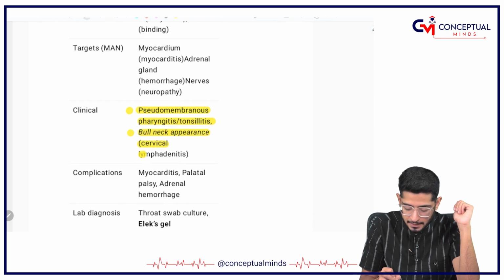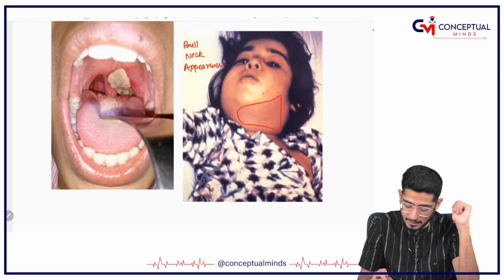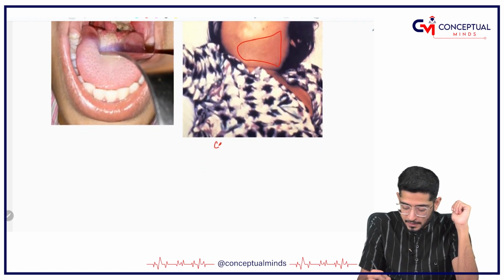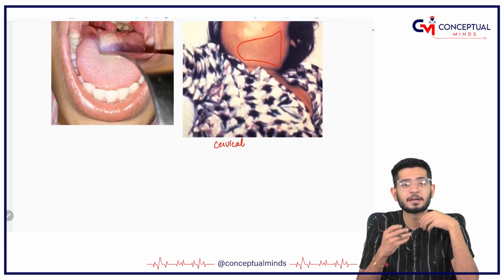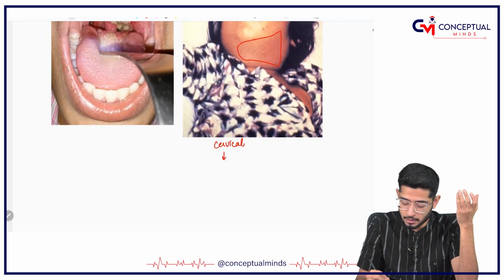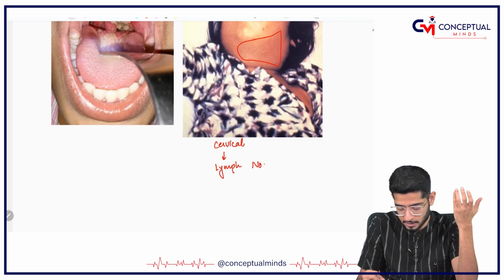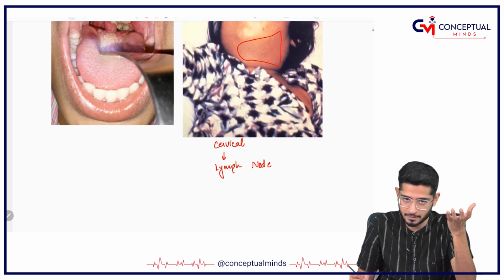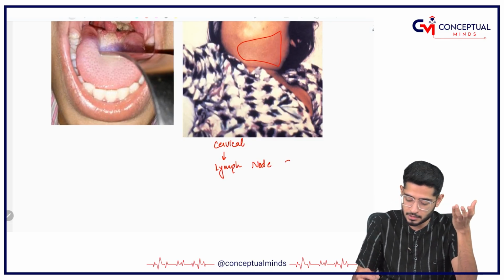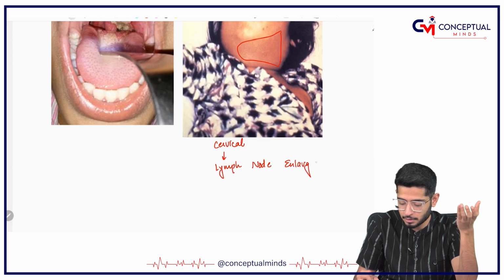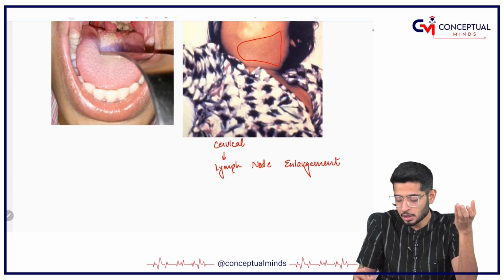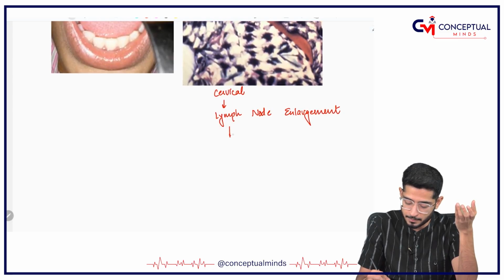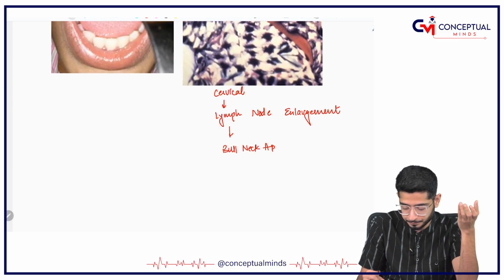Because in the cervical area there is lymphadenitis, that means lymph node inflammation. Adenitis, itis means inflammation, and whenever inflammation is happening there is enlargement of the lymph nodes. That's why it gives a bull's neck appearance.